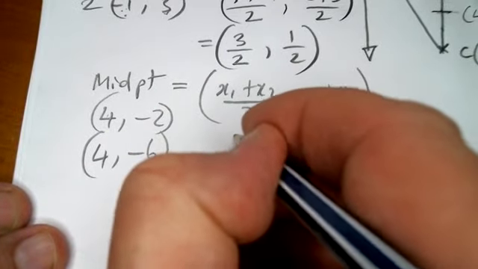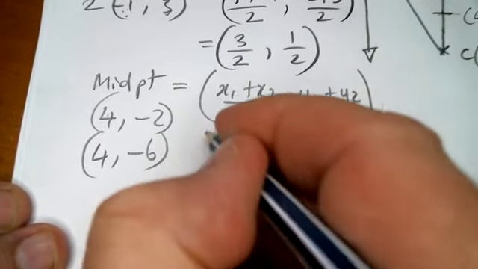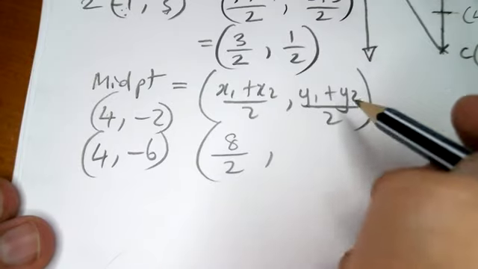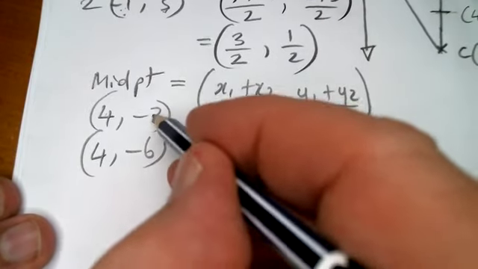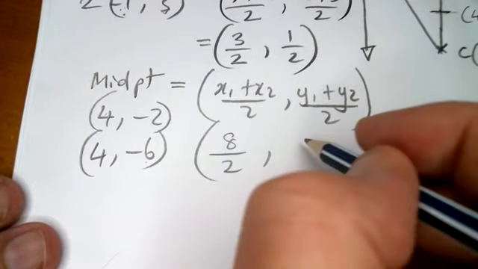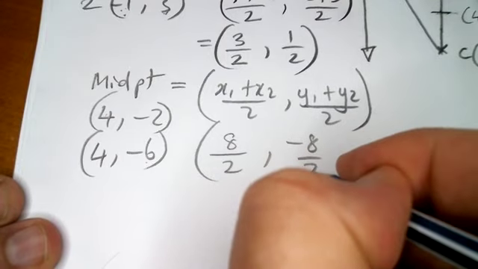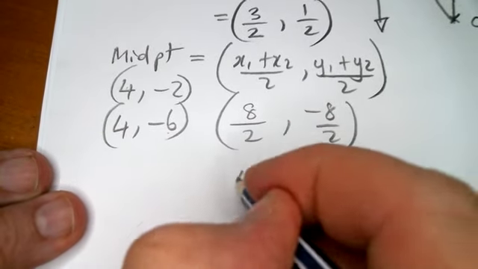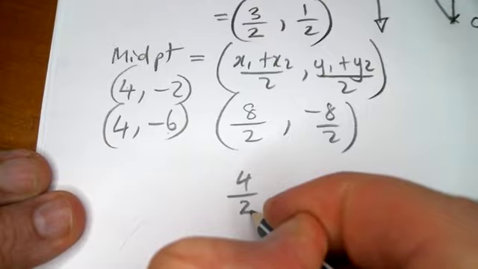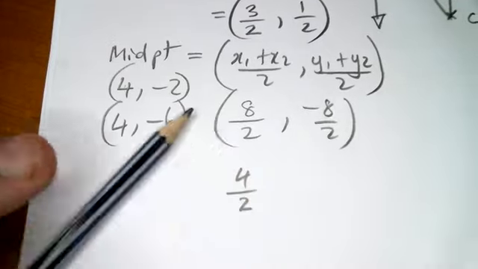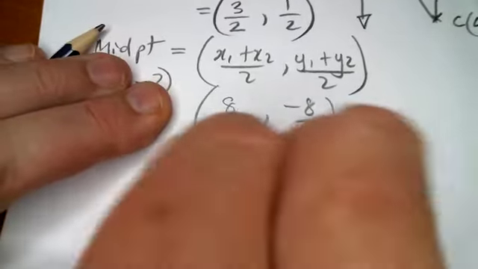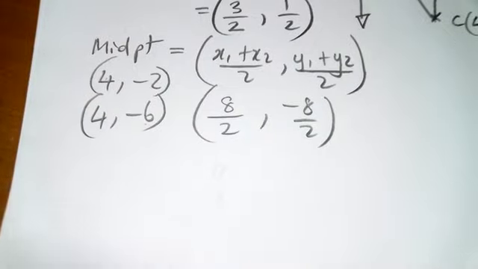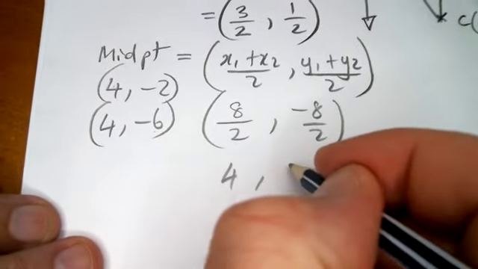So that's going to be 8 over 2. We'll fast track it here. And we've got -2 and -6, which is going to be -8 on 2. So this becomes 4 on 1, which is 4. This becomes 4, comma, -4.